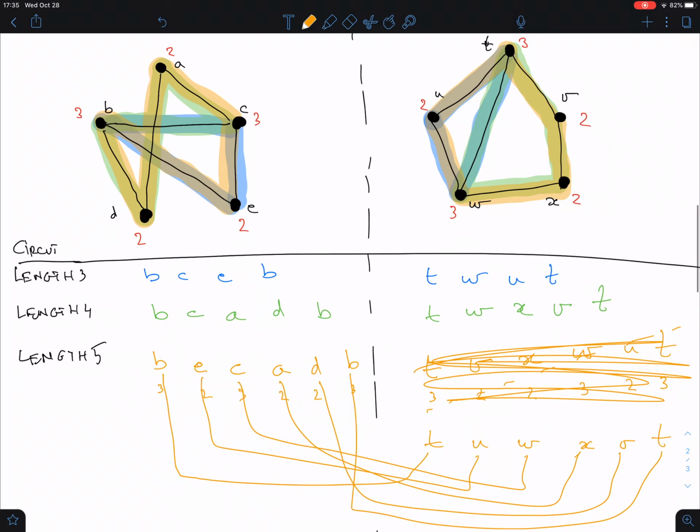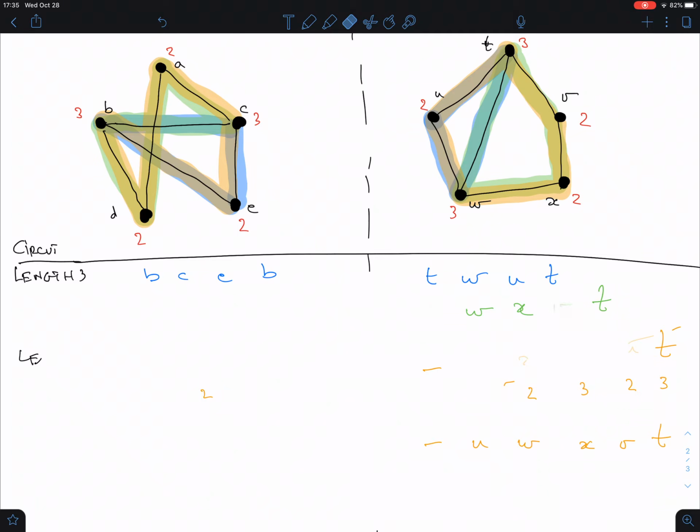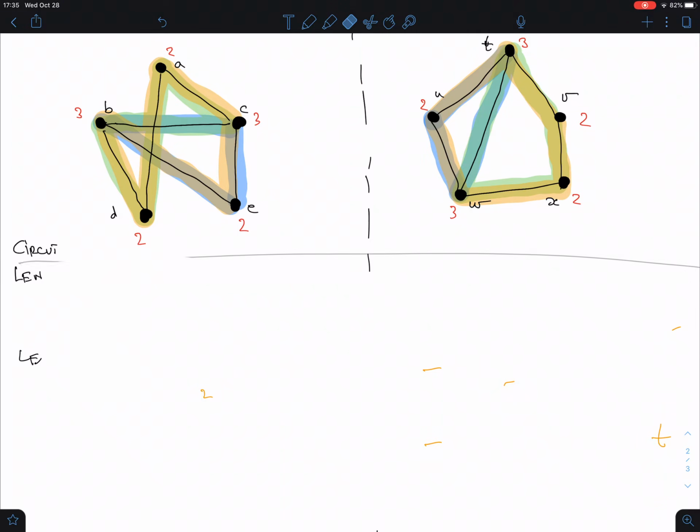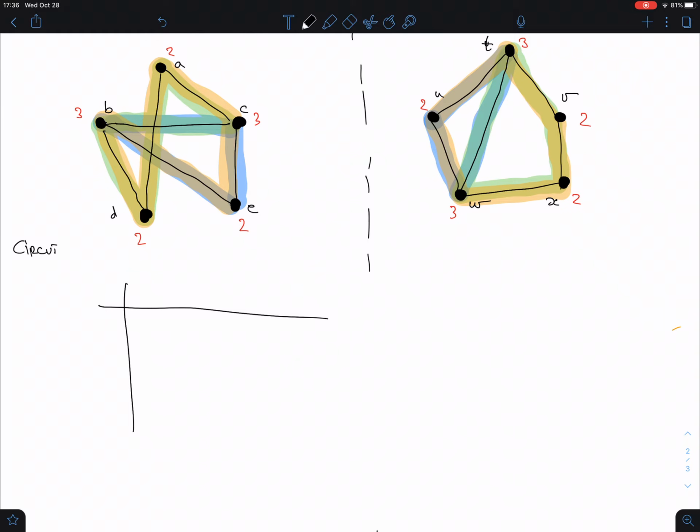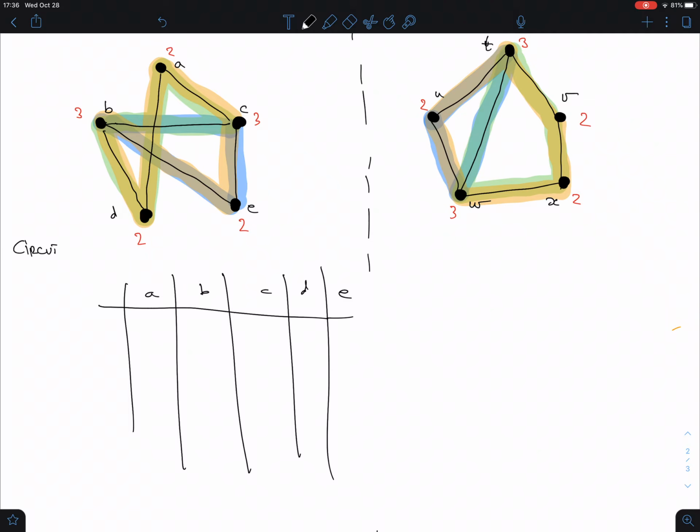I'm going to leave it like this. I'm going to get myself some space here. We don't need these anymore, because I have to calculate the incidence matrix, right? So remember, how does it work? The columns are A, B, C, D, E, named by the vertices, and in the same order we do the rows.